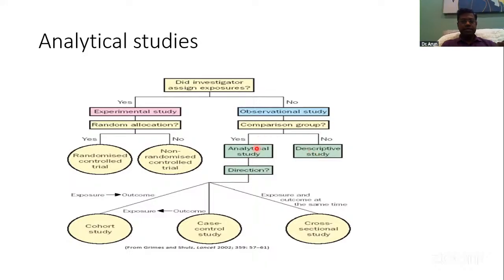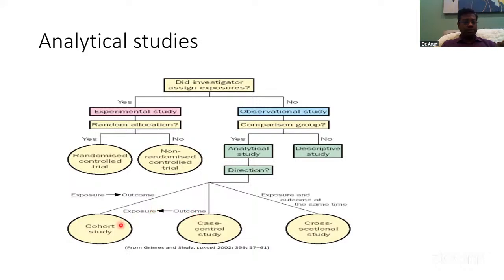In an analytical study, you will get the comparison group. Based on the study direction, that is, moving from exposure to outcome or outcome to exposure, it is divided into case control or cohort study. In a case control study, the study direction moves from outcome to exposure.